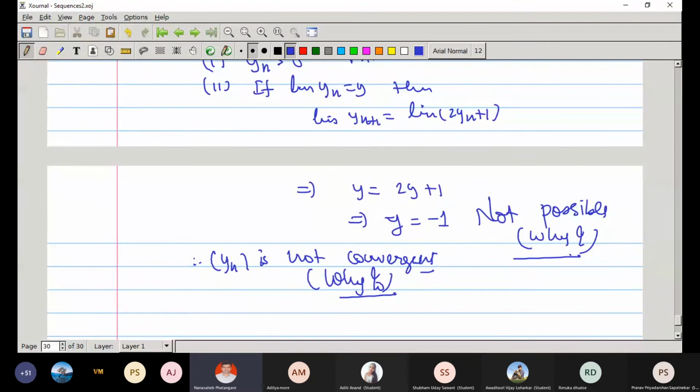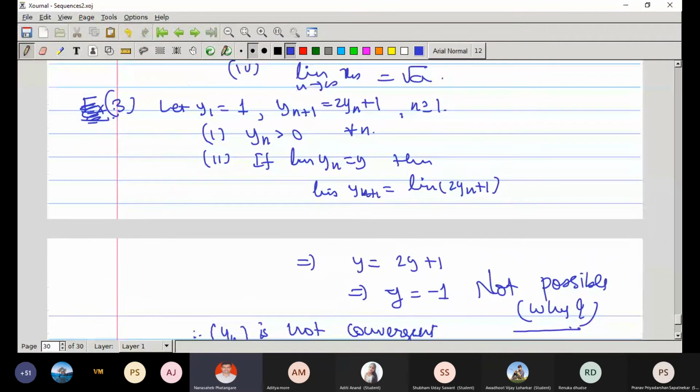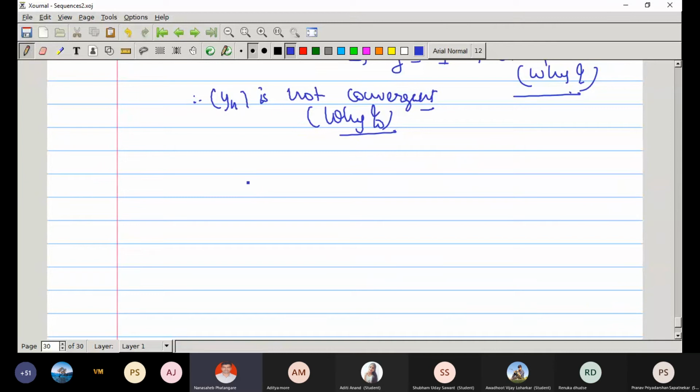But the point is, you cannot directly apply limit. That is the main point. You should always remember: do not apply limit directly unless you are sure that the limit exists. Otherwise, you will get some wrong conclusion. Right? Yes, sir.